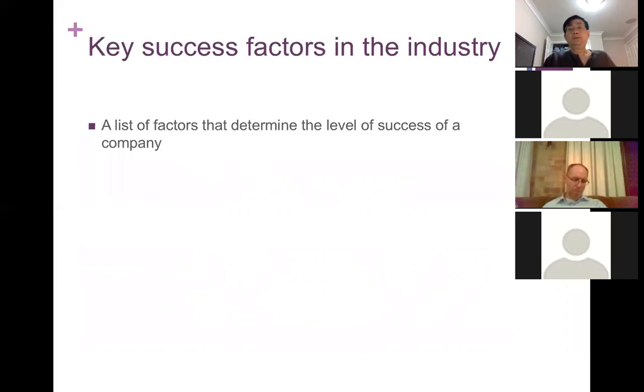It could be the distribution channel, strong customer service, brand equity or brand awareness, strong product quality, or a strong product manufacturing facility, for instance. You name it. The list may go very long, but you can pick up the major ones.